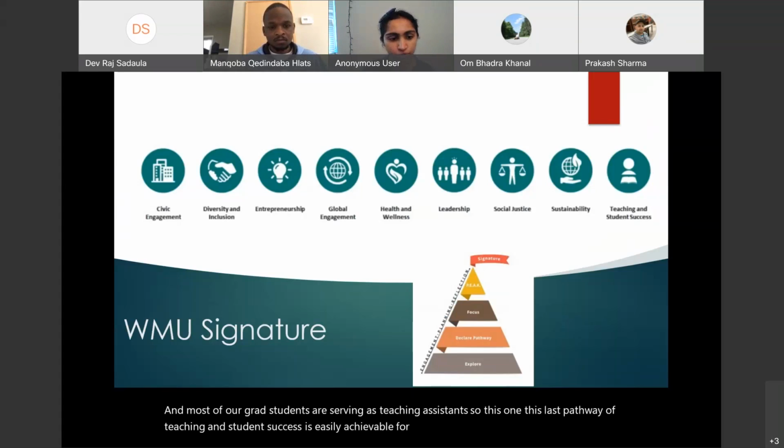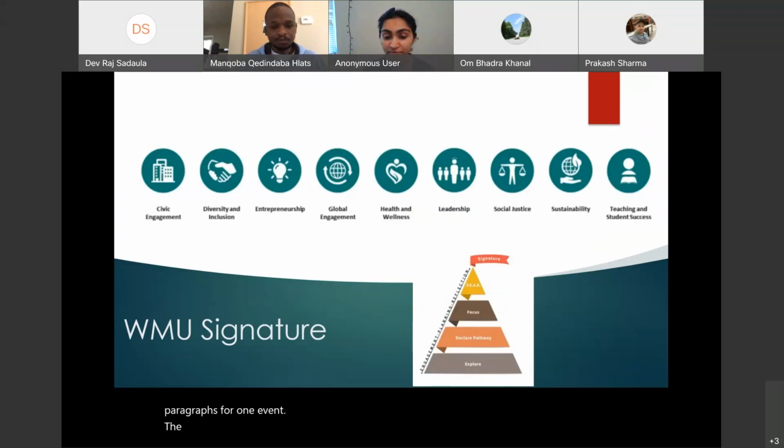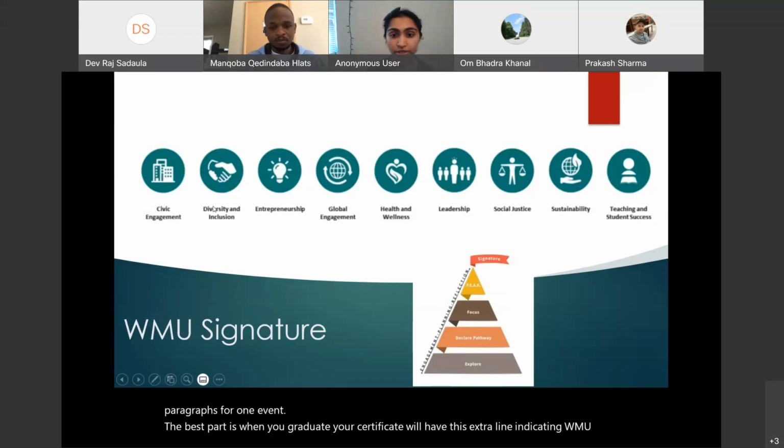Now, why do we need to do the WMU Signature? There are several activities and events you need to attend and write some short reflections, something like 1 page for each event, or sometimes 2 paragraphs for one event. The best part is when you graduate, your certificate will have this extra line indicating WMU Signature along with the pathway.